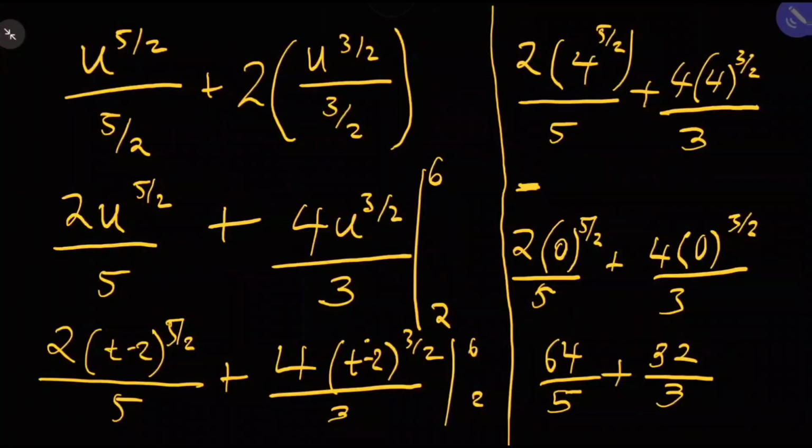We wouldn't have to use the part at 2, because we have 0 raised to the power something, so this would definitely just be 0. So when you add these two, you're going to have 350 all over 15. So this is our answer.